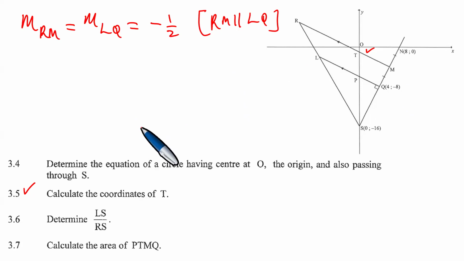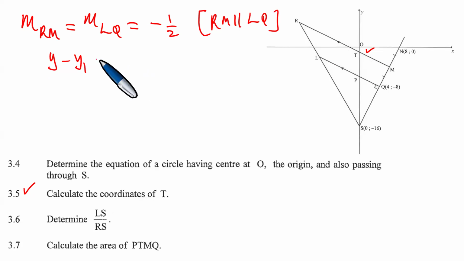Now, what are we able to say? We can find the equation of the line RM.